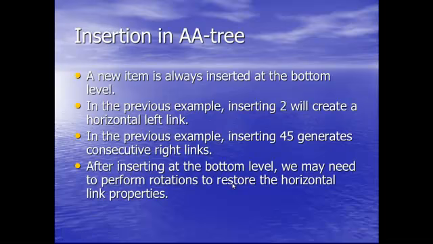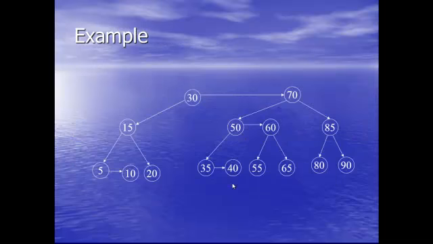Now, if you want to insert a new item in an AA tree, then the new item is always inserted at the bottom level, and in the previous example, inserting 2 will create a horizontal left link.